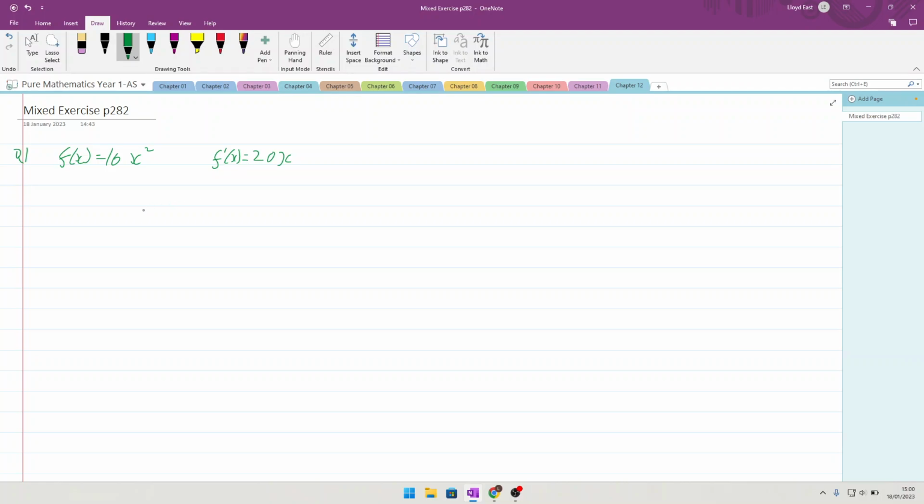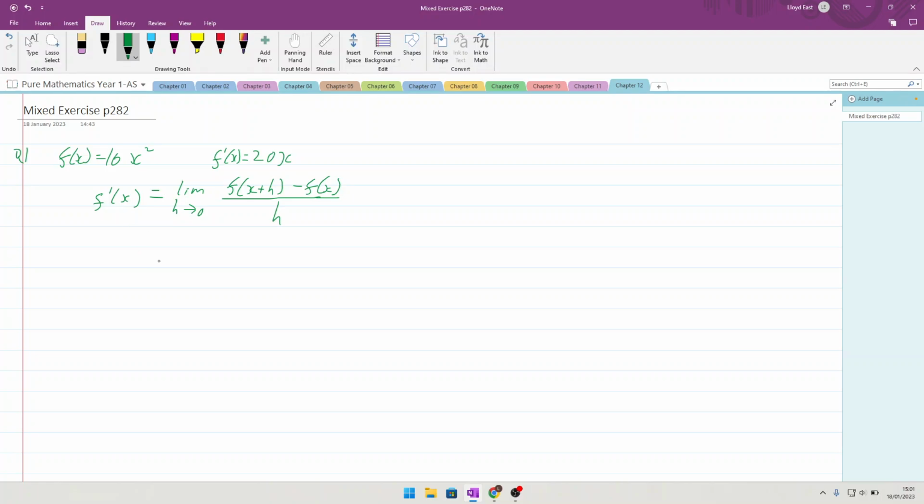Okay, so your first principles says that if you want the differentiation of the function, it will be equal to the limit of h tending to 0 of the fraction of f of x plus h, so just a little change in the x, minus the previous value of x, all divided by that little change.